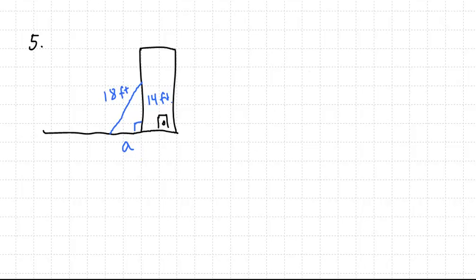So A squared plus 14 squared is 18 squared. I don't think this fits under any Pythagorean triple, so let's do some multiplication. 14 times 14, well, that's one of the squares I have memorized, so that's just 196.